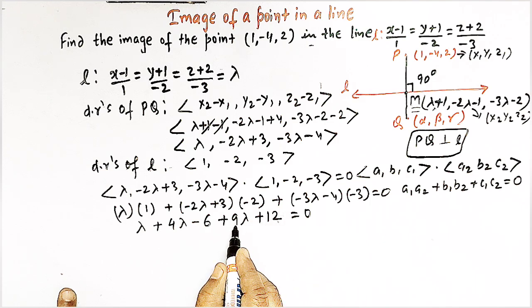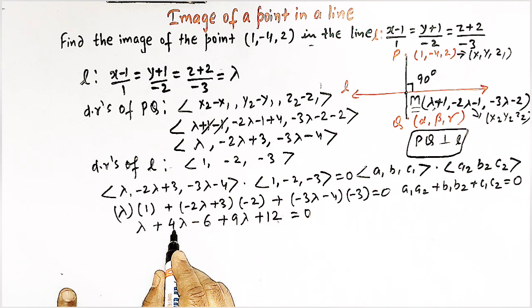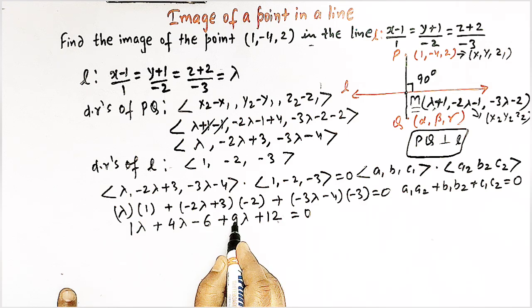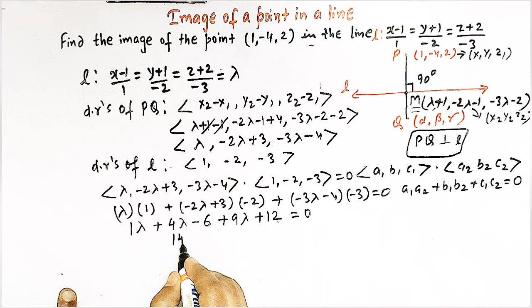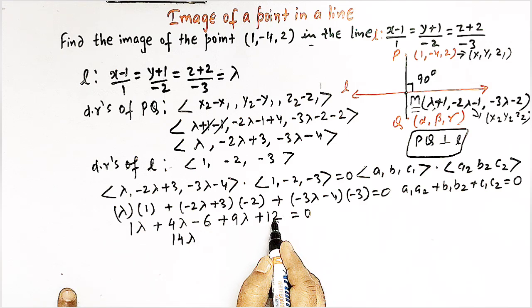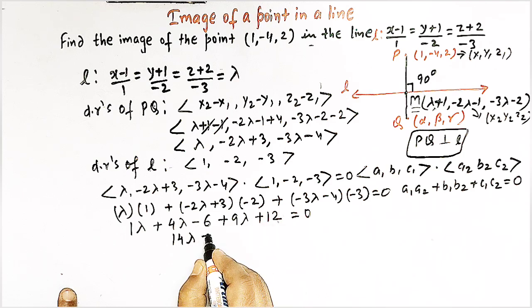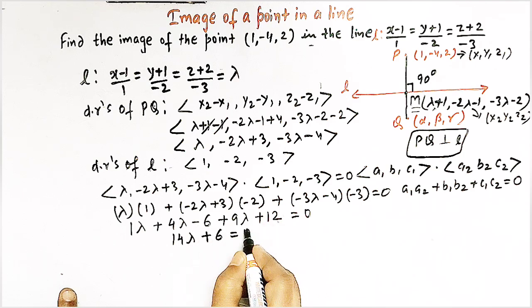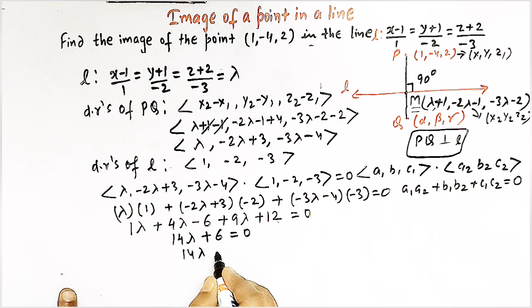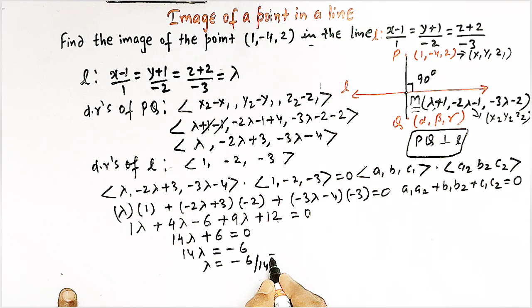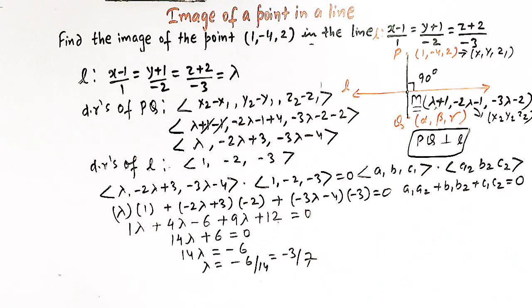So 9 lambda plus 4 lambda plus 1 lambda is 14 lambda, and 12 minus 6 is plus 6, and from here we have 14 lambda is equal to minus 6. So lambda is minus 6 over 14, so this is minus 3 over 7.